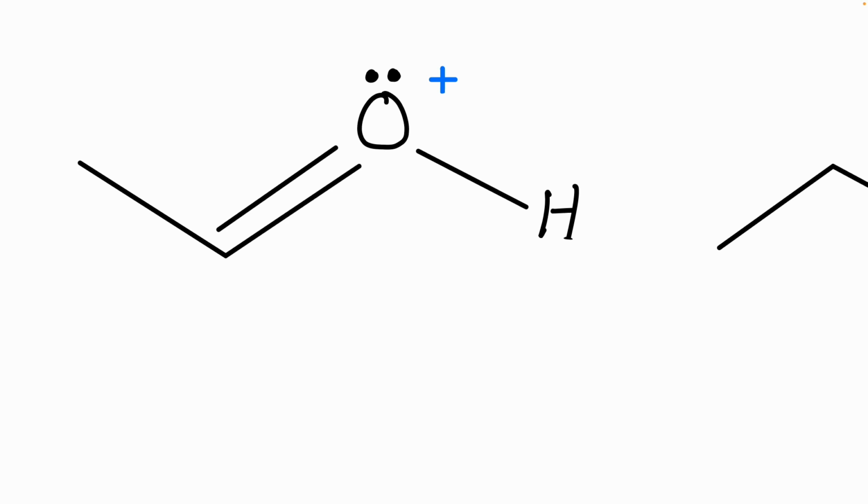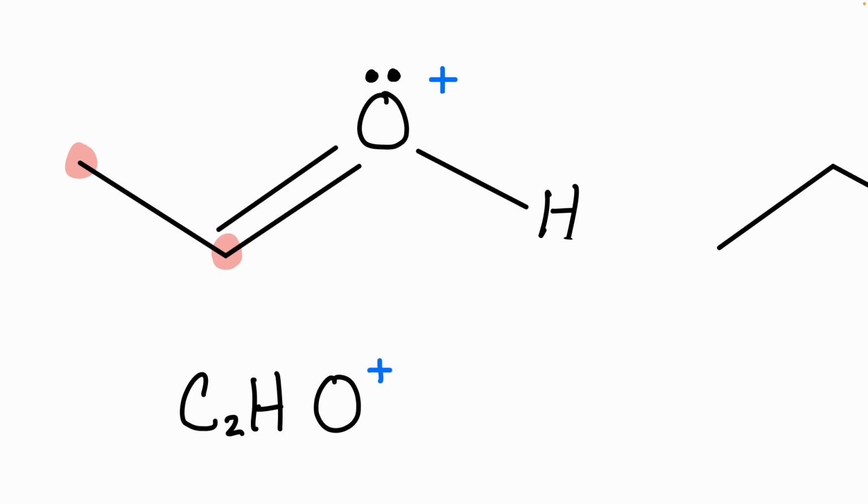Okay, so we got our lone pairs, we got our formal charges. How many carbons do we have in this molecule? Just 2. 1, 2. And we have our 1 oxygen and its +1 formal charge. We're going to include that formal charge in that formula. Okay, so now I got to fill in hydrogens.